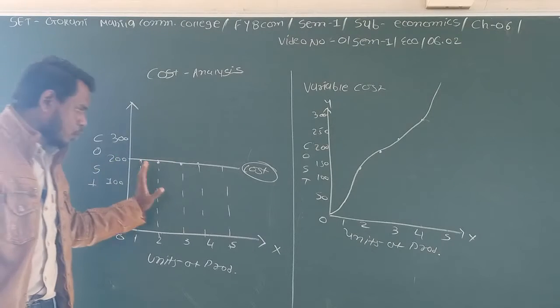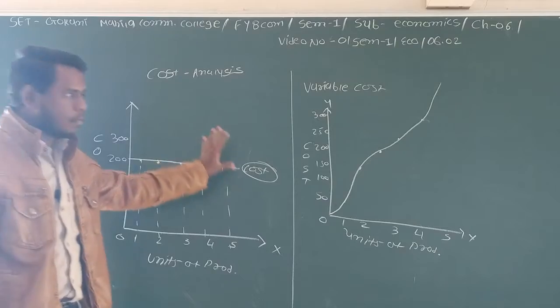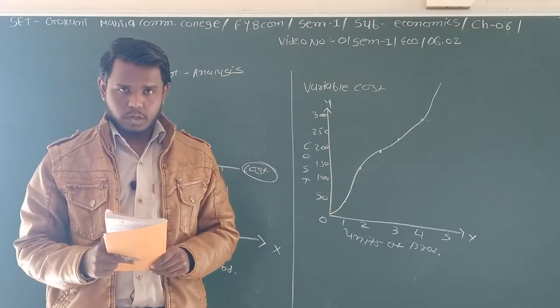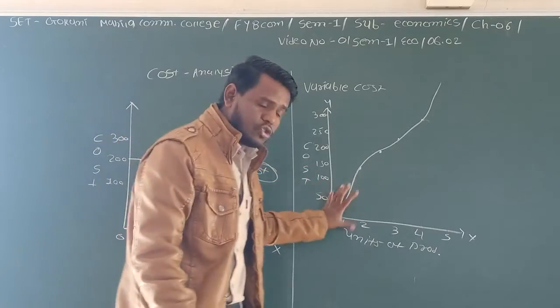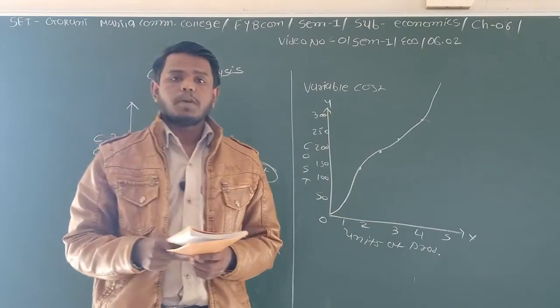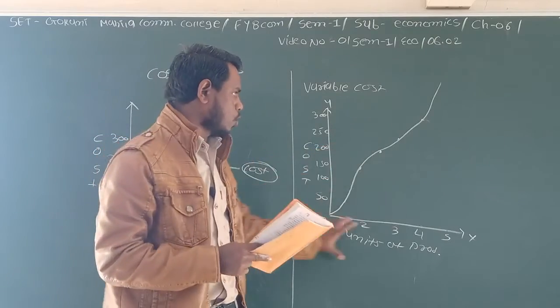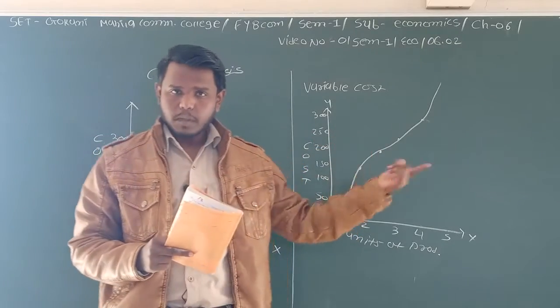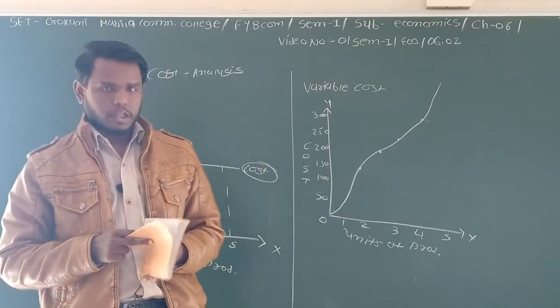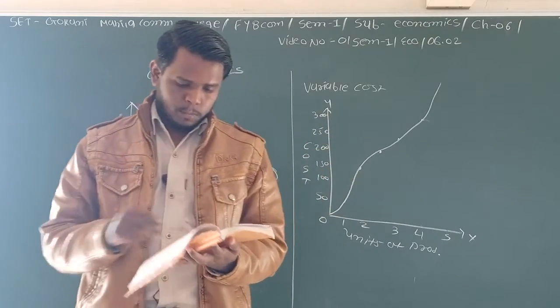So first of all, fixed cost plus variable cost. As much as you produce in your business organization, as much cost you have to incur, you have to spend on that particular thing. That is called the variable cost. So the combination of fixed cost and variable cost is called the total cost.